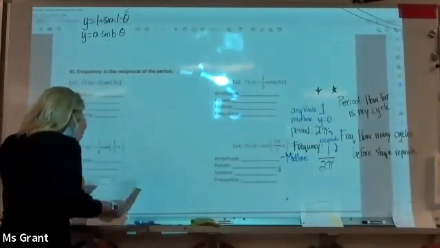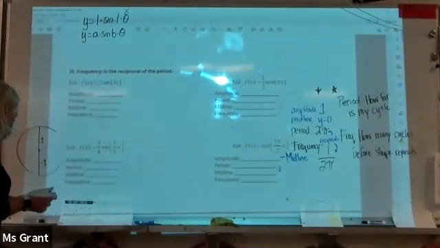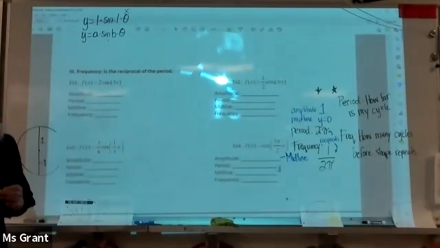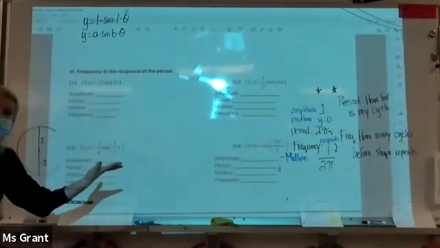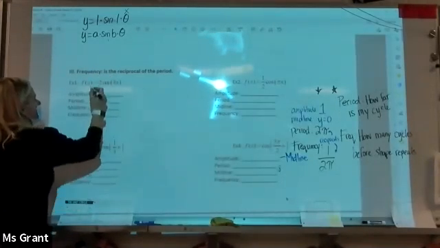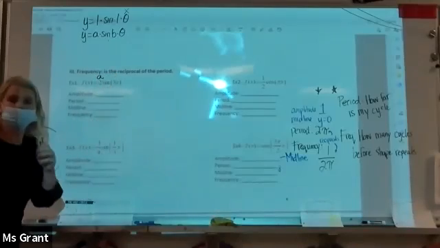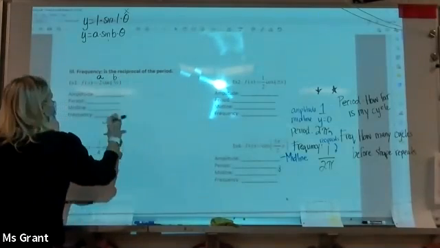My example 1 and example 3 are both sine functions. So I actually have an A and B this time. I'm doing example 1. My A is 2. My B is 3.